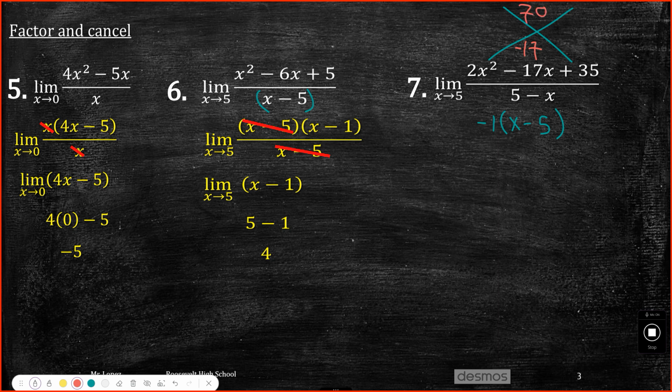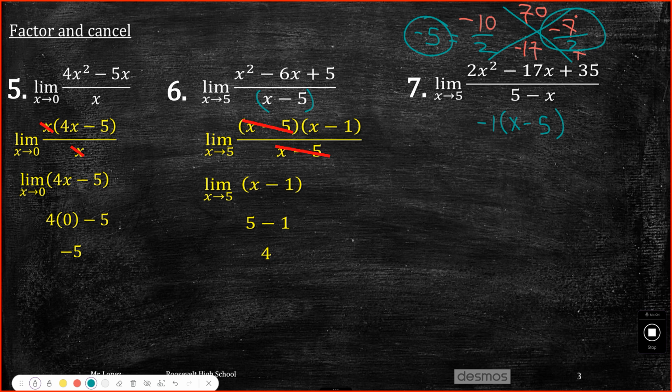And what are the two numbers multiplied to 70 that add up to negative 17? 10 and 7. So this is going to be 10 and 7. Both of them are negative. And then what do we do? Divide my answers by what? By 2. So negative 10 divided by 2 is negative 5. So this is negative 5. This one we cannot do anything else.